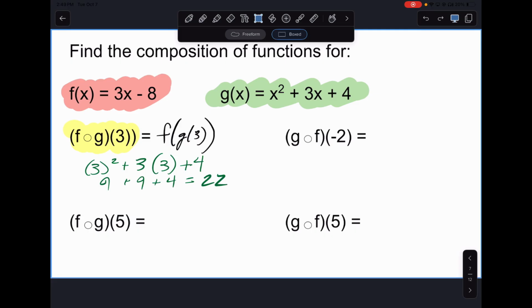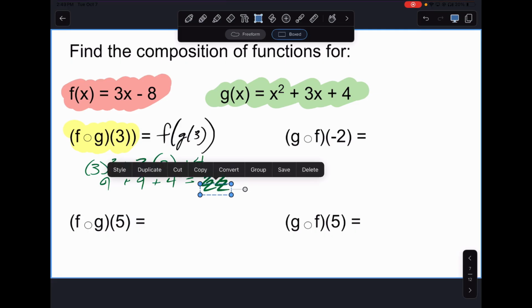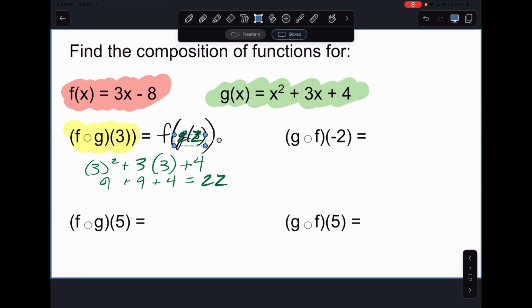So now that 22, I'm going to take that, and we can put it right here instead of g of 3 because I know how much it equals.